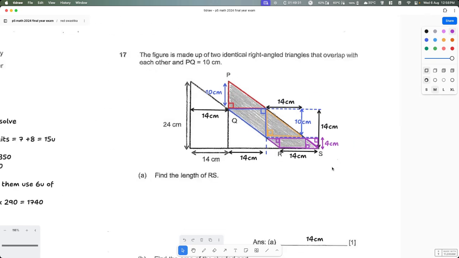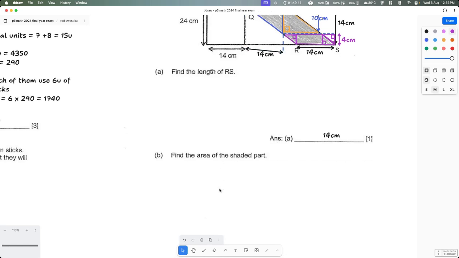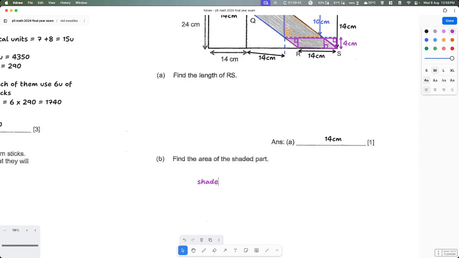Okay, so in this case, hopefully this makes a lot of sense, right? So 14, 10, 10, 14, right? So in this case over here, I'm gonna draw like this, 14. Okay, so shaded part is equal to 3 triangles plus 1 rectangle.